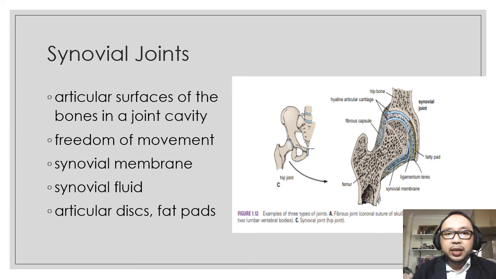Synovial joints permit more freedom of movement. The joint is lined by a synovial membrane, which also produces the synovial fluid. In some joints, particularly big joints, there could be an articular disc or fat pads to help lubricate and assist in movement.